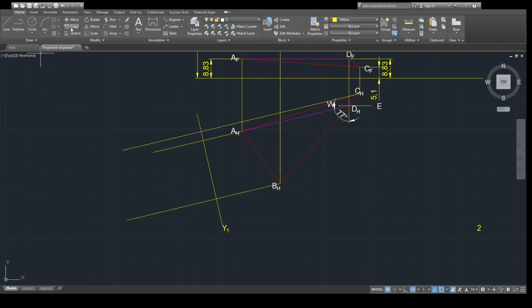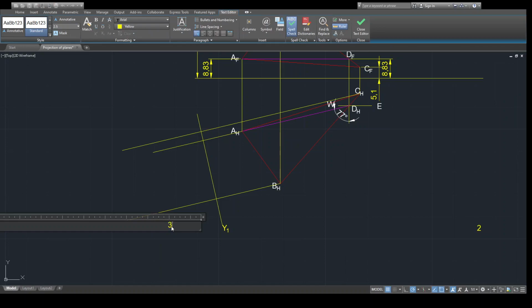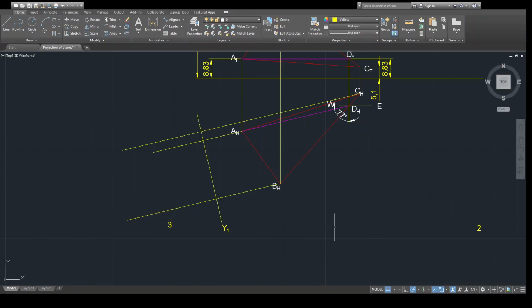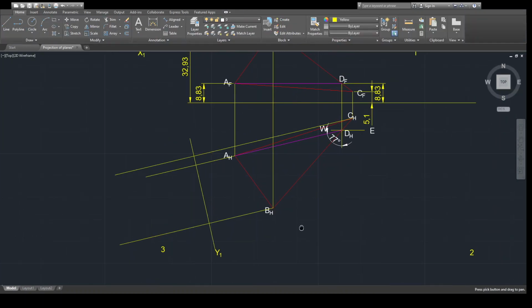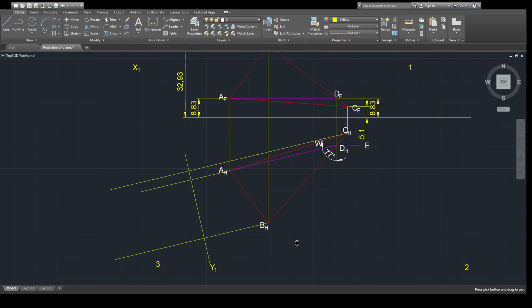Now I will copy this. So I am drawing view number 3. In order to complete view number 3, we require dimensions from view number 1. So the distance of AF from the XY line is 8.83. So you can transfer it very easily. What we require is just a compass.